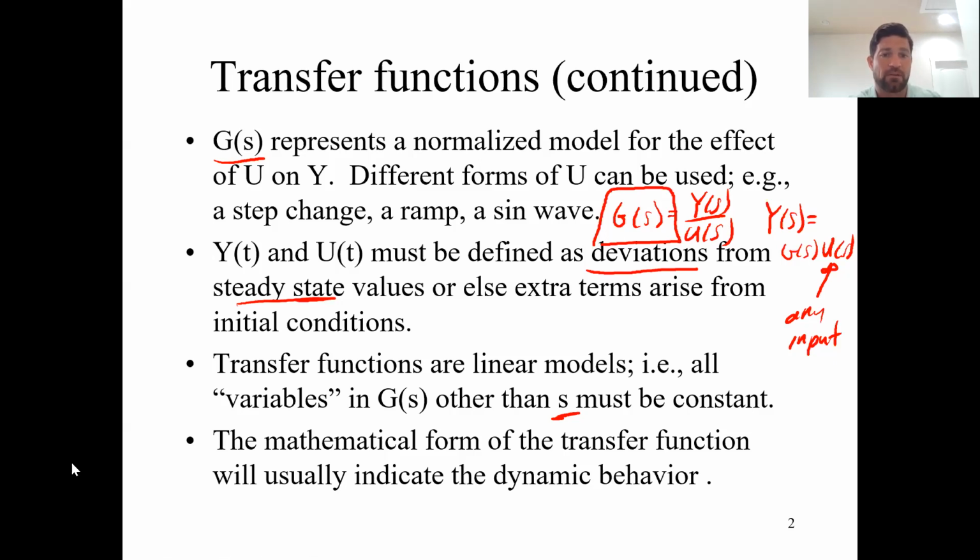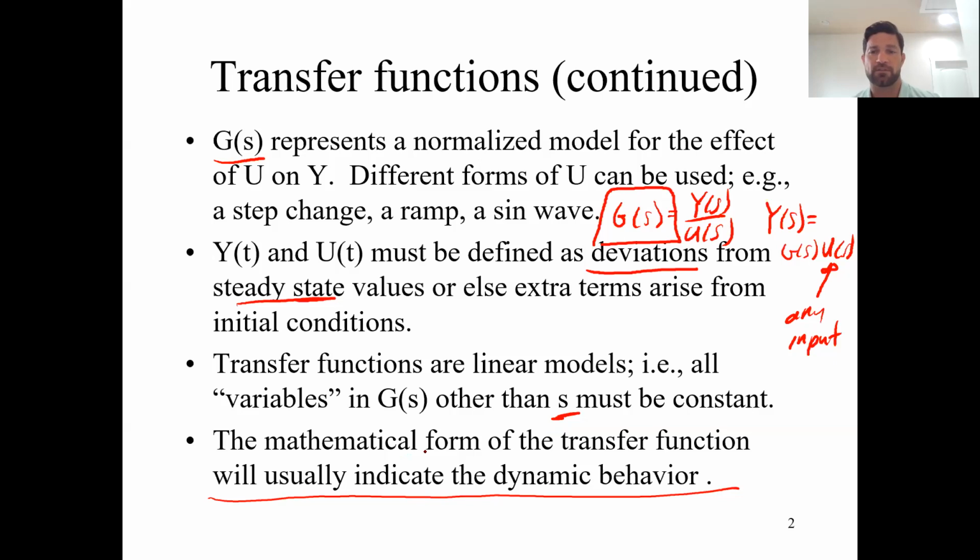And then finally, the thing that's extremely important, and we might not necessarily apply the transfer function to solve for how the output variable changes. One of the things that's extremely important about a transfer function, and we'll talk about this next time, is that the transfer function indicates the dynamic behavior of the control variable.